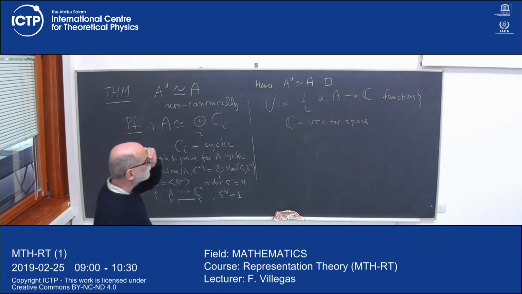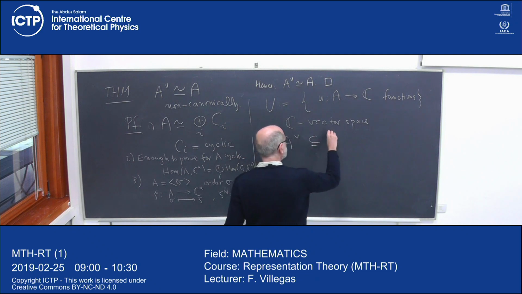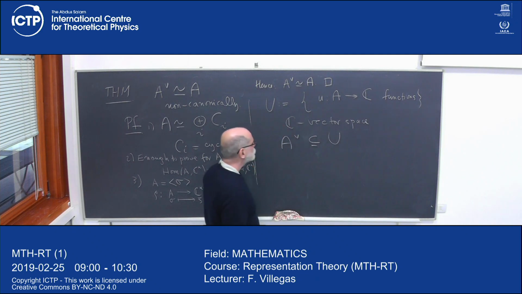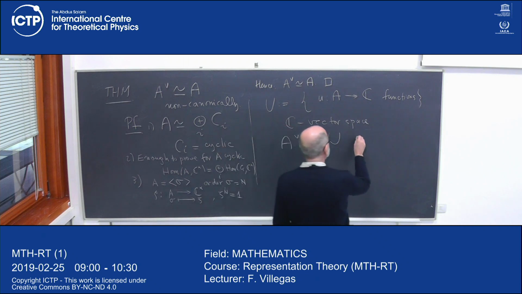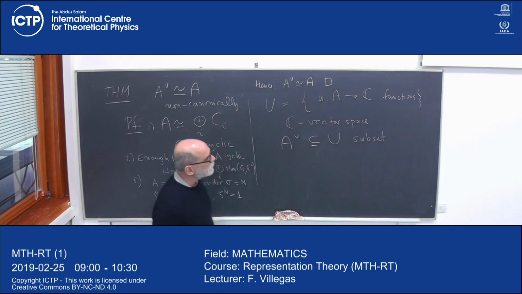Our chi's are a subset of U. This U is a vector space, and A dual is just a finite set. So this is just a subset.